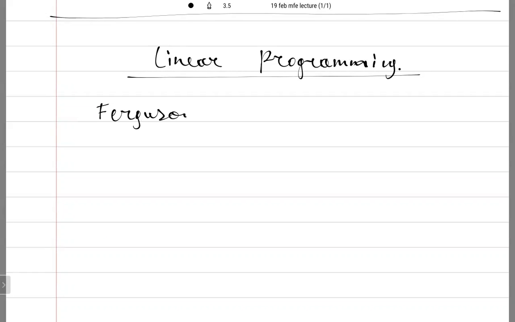Ferguson. I remember that it's Ferguson, and the book is called Linear Programming: A Concise Introduction.